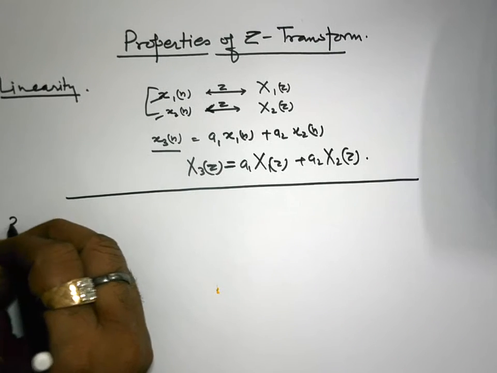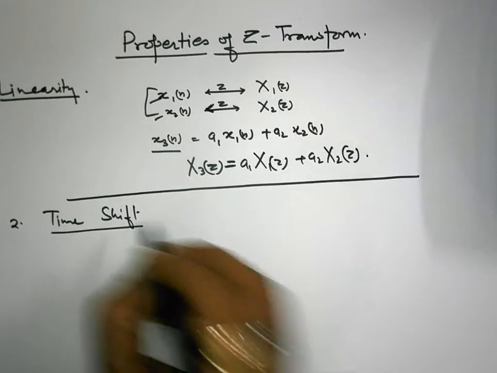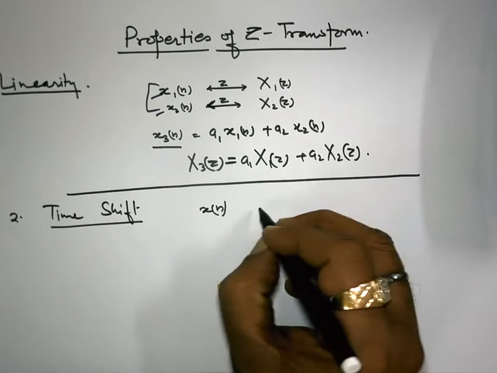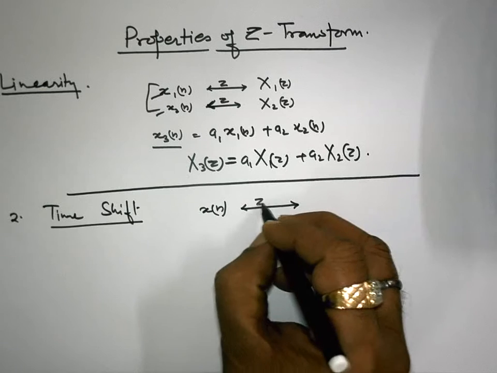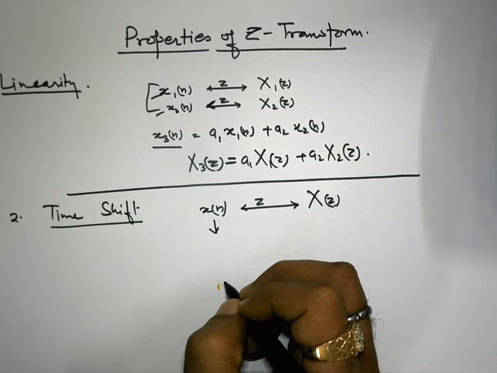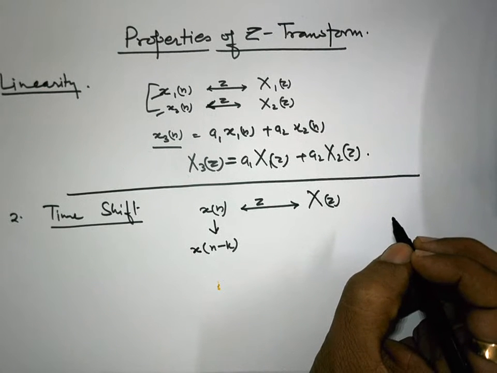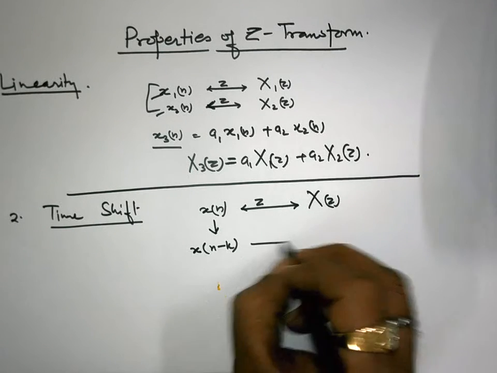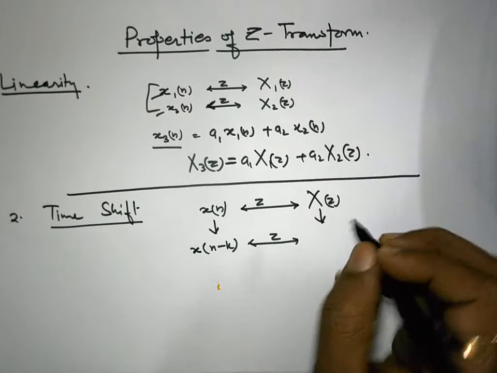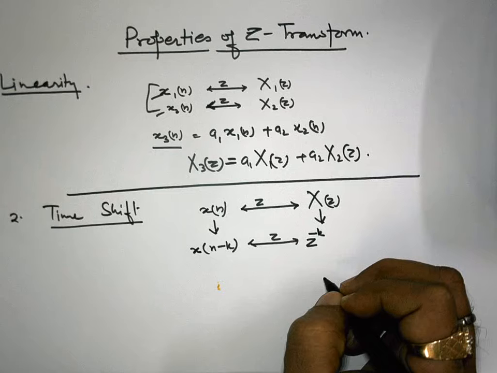Then there is a property known as the time shift property. What this property says is that if the Z transform of the signal x(n) is X(z), then the Z transform of the shifted version of the signal, that is, shifted or delayed by k units in time, is related to the Z transform of the original signal by multiplication of the factor z to the power minus k.